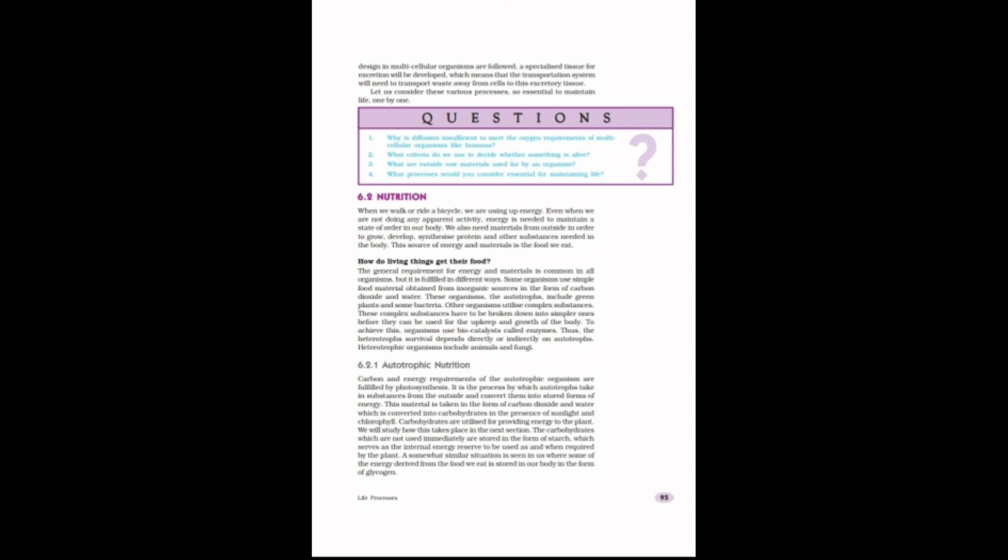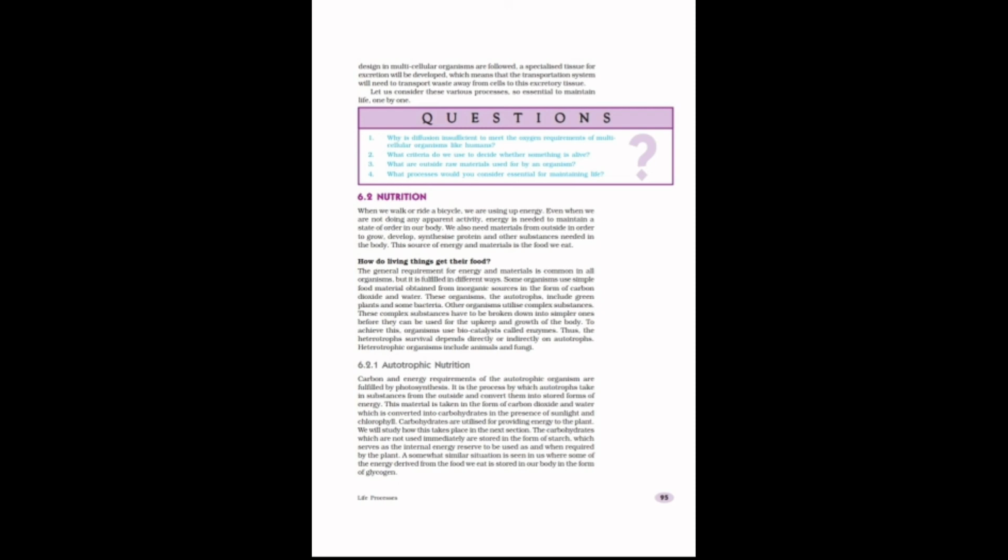The general requirement for energy and materials is common in all organisms, but it is fulfilled in different ways. Some organisms use simple food materials obtained from inorganic sources in the form of carbon dioxide and water. These organisms, the autotrophs, include green plants and some bacteria. Other organisms utilize complex substances.